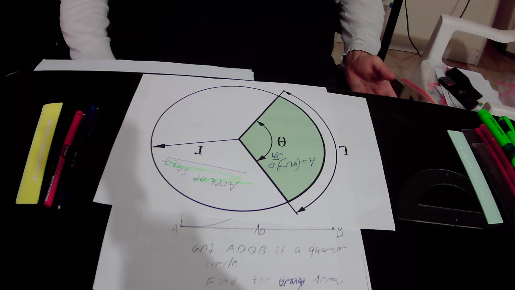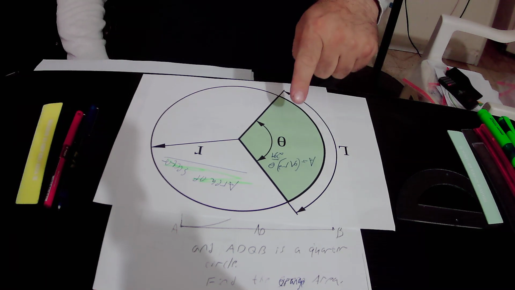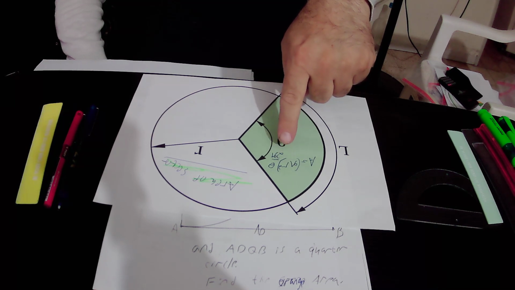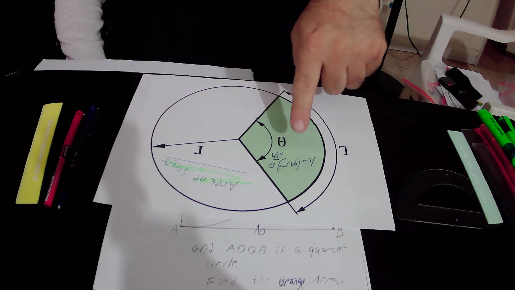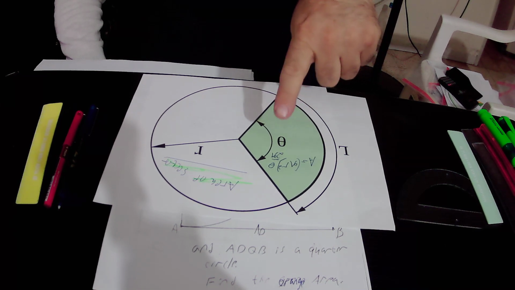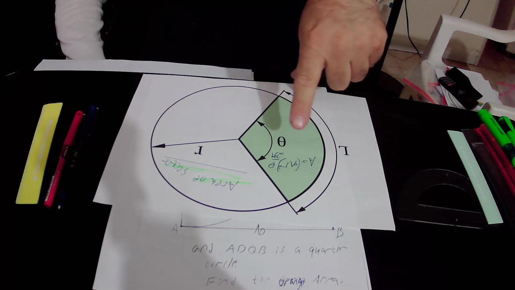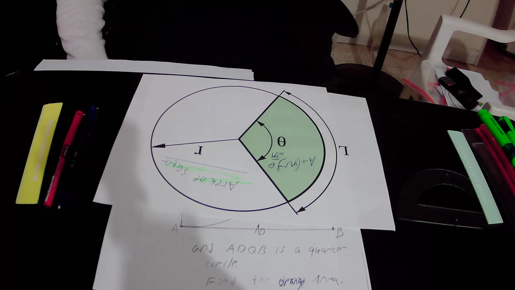For example, if theta equals pi radians, then pi over 2 pi is 1/2, and we get a semicircle. Here it is not a semicircle, it is less than a semicircle.